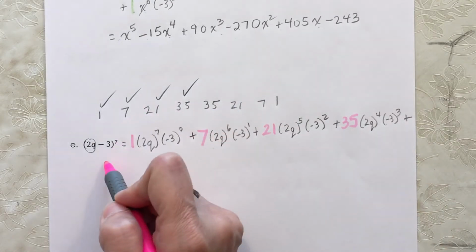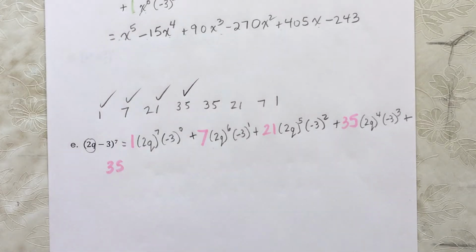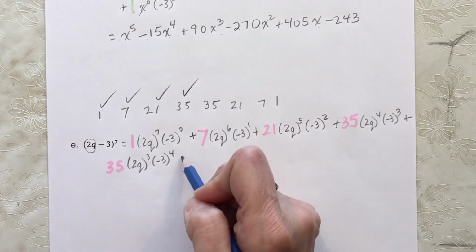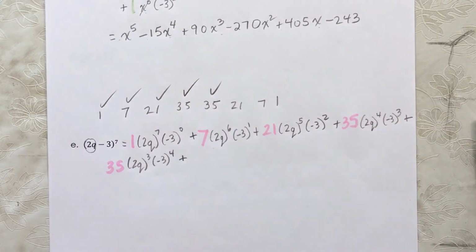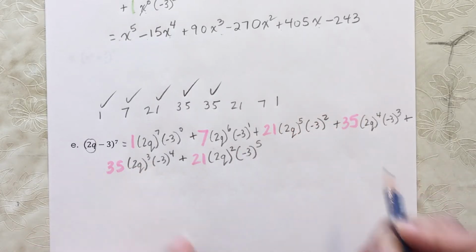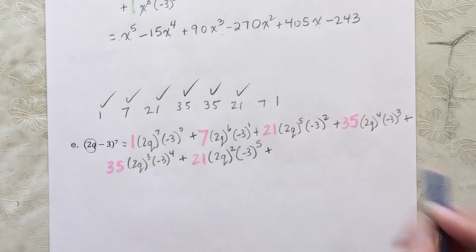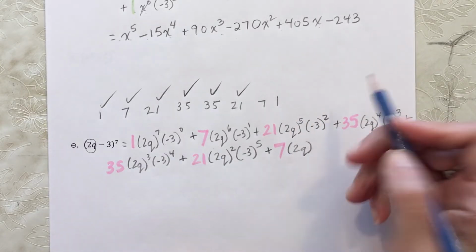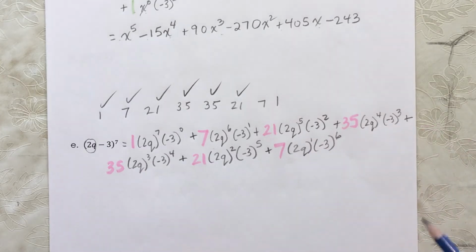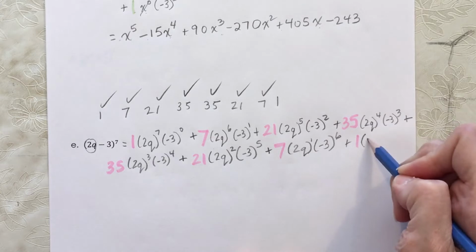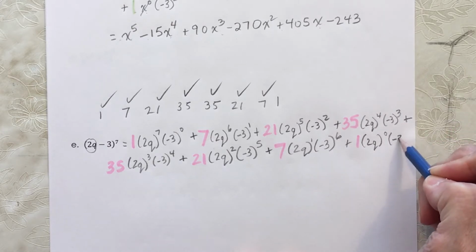Another 35. 2q to the 3rd, negative 3 to the 4th, plus a 21. 2q to the 2nd, negative 3 to the 5th, plus a 7. 2q to the 1, negative 3 to the 6th, plus a 1. 2q to the 0, negative 3 to the 7th.